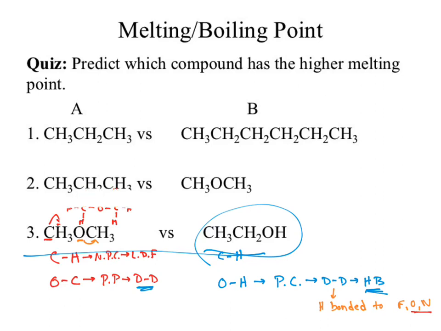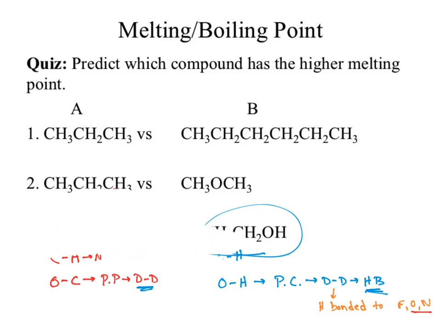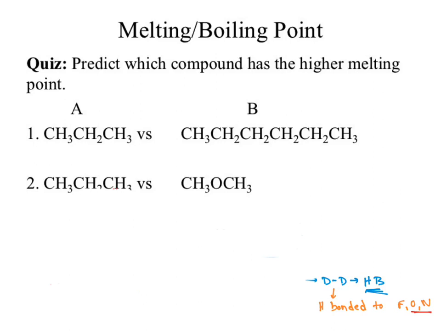Okay. Next one up. Anybody want to short circuit it? B. How'd you get B? B's from the first one before. Why does that mean it's B?